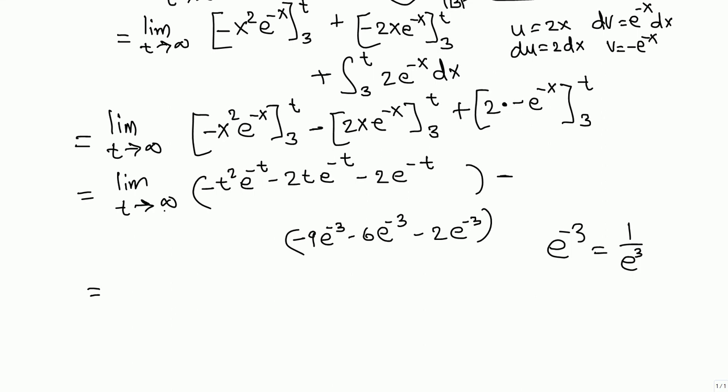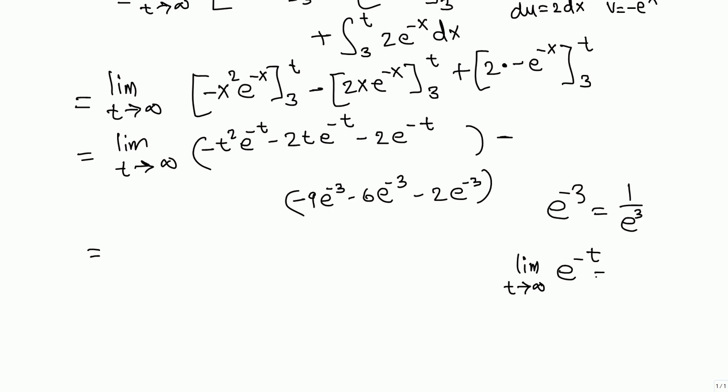And when t goes to infinity, e to the negative t is 0, because this becomes the limit of 1 over e to the t, and e raised to infinity is infinity, and 1 over infinity is 0.